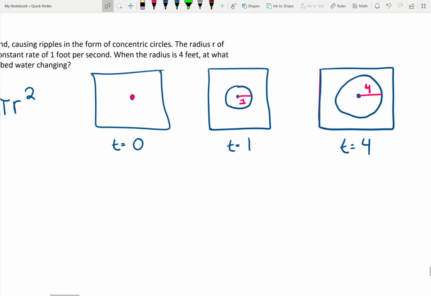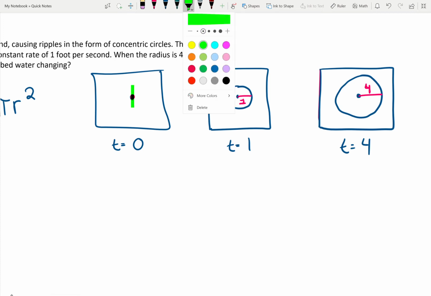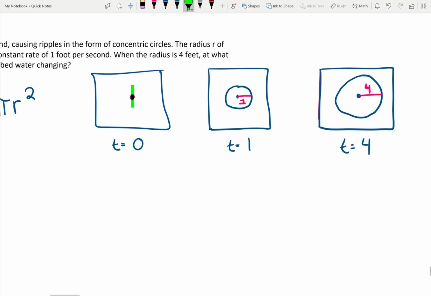So the question is, yes, we see that the radius is increasing with time, but also notice how the area of the circle is also changing with time. In that first instance where t equals 0, the area is also 0.